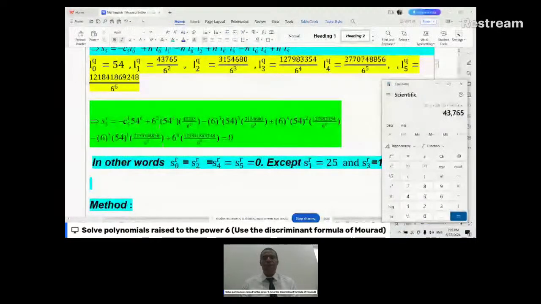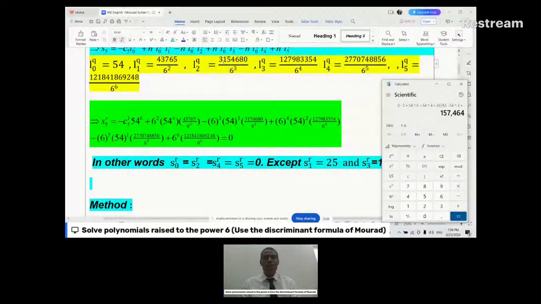This is minus plus. Now minus 6 cubed divided by 6 cubed is 1. Just write 54 cubed times 3,154,680. Therefore, I will just write minus now, minus Mr. Murad, 54 cubed, because it's raised to the power 3, okay, times L2.